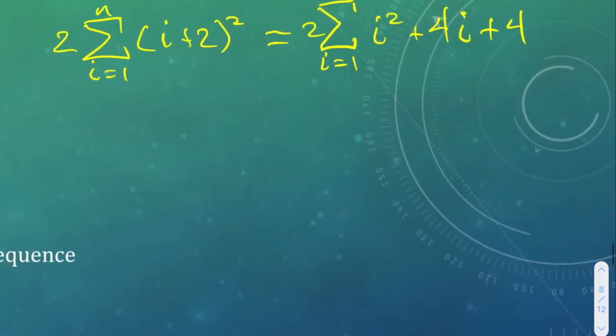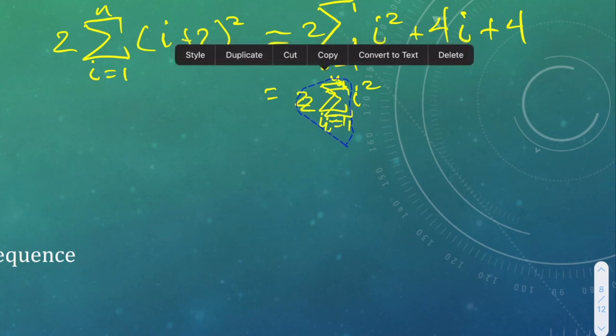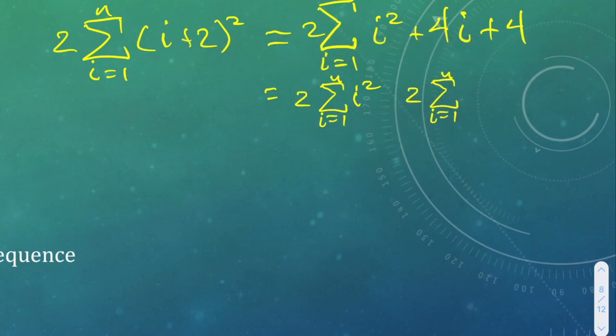And so doesn't this write out now like this? 2 times the sum of i squared plus 2 times 4 times the sum of i, and then plus 2 times 4 times the sigma.